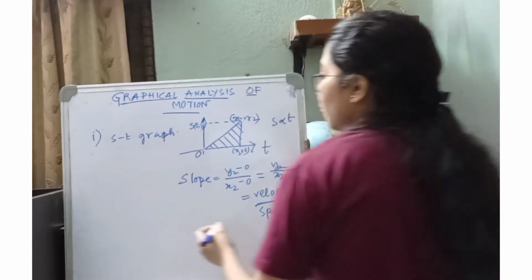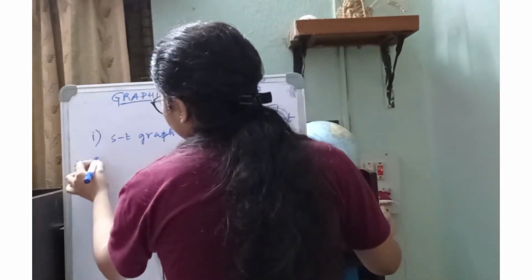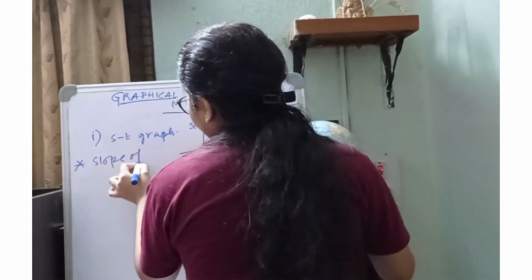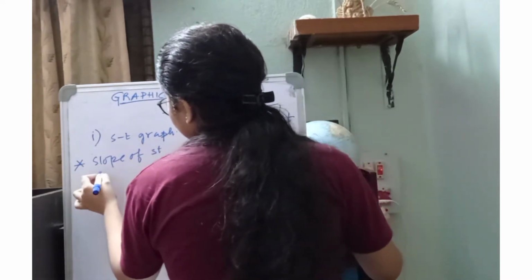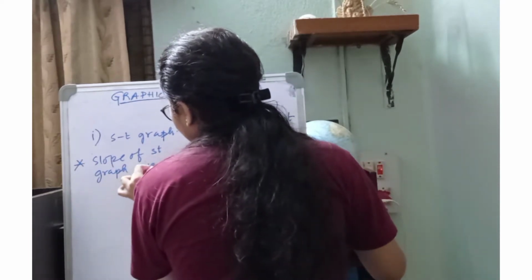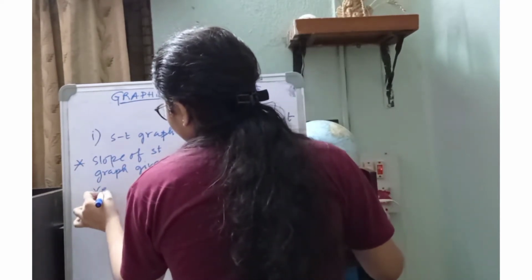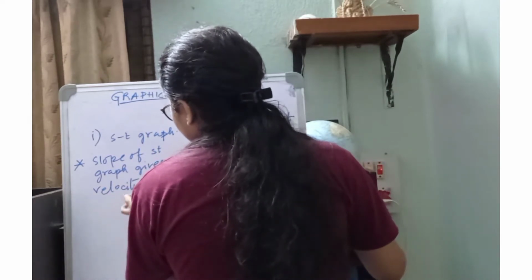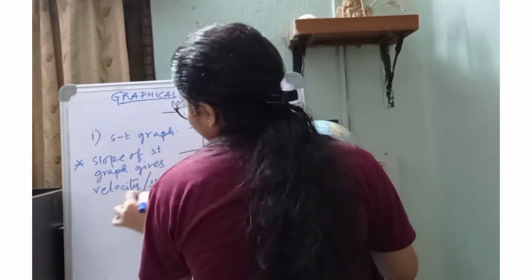So the first important point is that the slope of the ST graph gives velocity or speed. Okay.